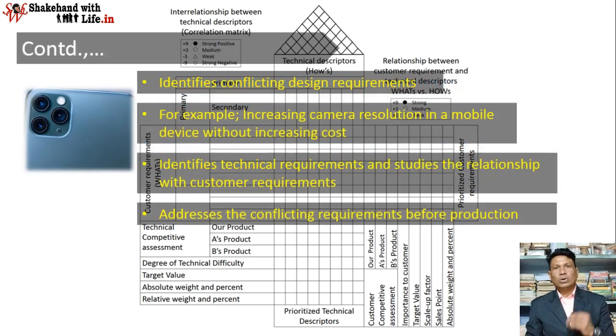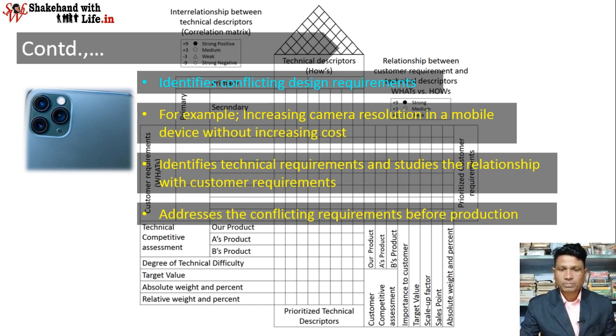Now, how do we do this? By using QFD, we can identify the conflicting design requirements, or you can say that the QFD team can identify the conflicting design requirements. So what type of conflicting requirements am I talking about?